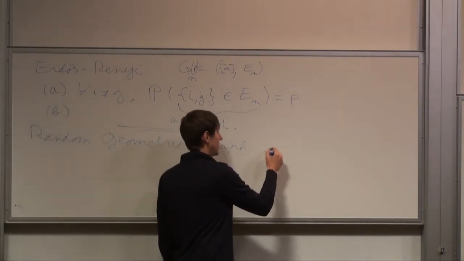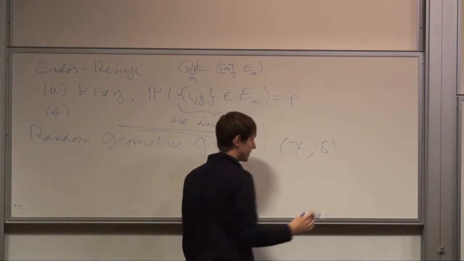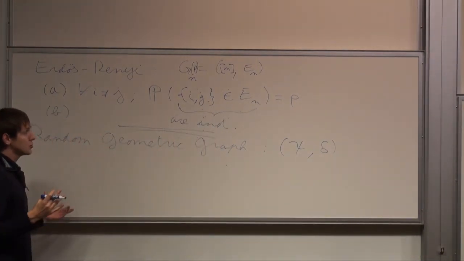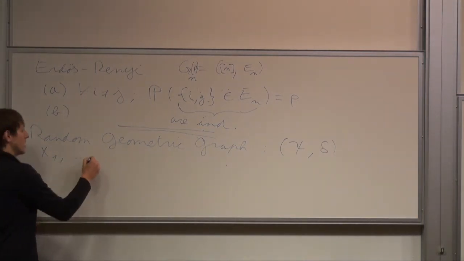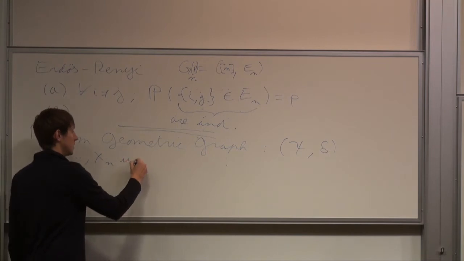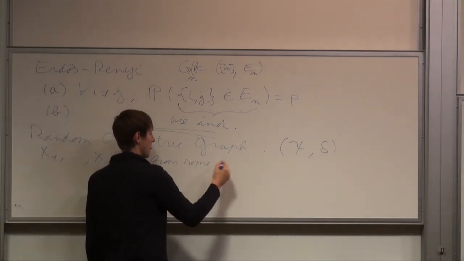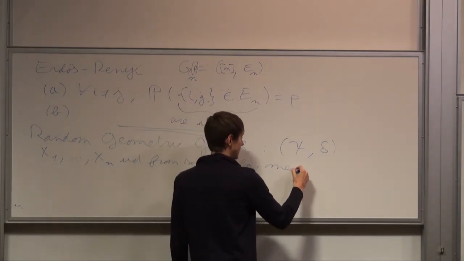You start with a metric space (x, delta), where x is a space and delta is a metric. And you have a probability distribution over this metric space. So you take x1 up to xn, IID from some probability measure on x.